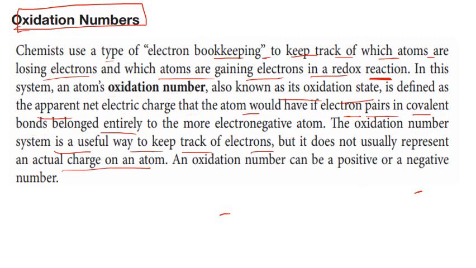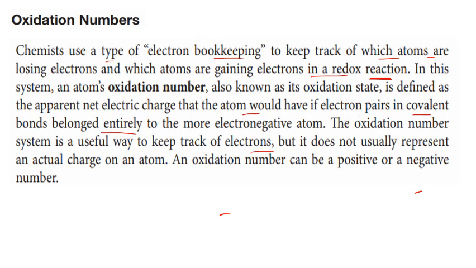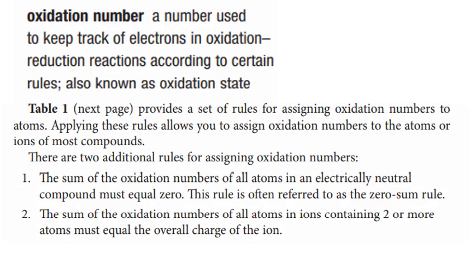Now moving on, let's go ahead and try a few problems as we move ahead with our discussion of oxidation numbers. Oxidation number is a number used to keep track of electrons in oxidation-reduction reactions according to certain rules, and is known as oxidation state.